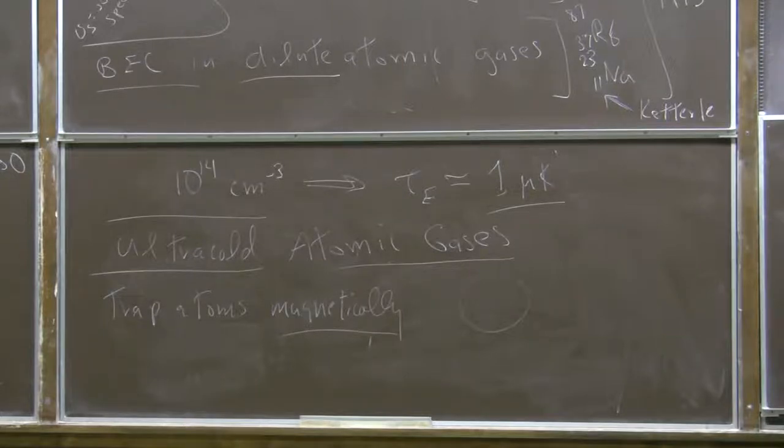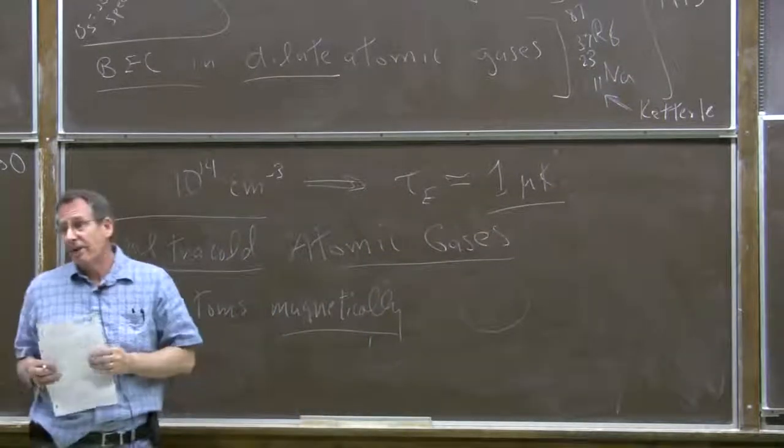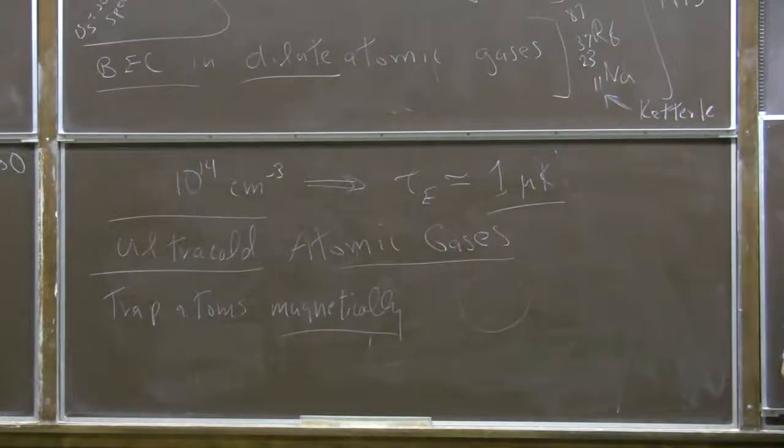So it cools a little bit. And after many such collisions, the atoms are cooler than they were initially. That's optical molasses. And with optical molasses, you can cool an atomic gas down to maybe about 100 microkelvin.